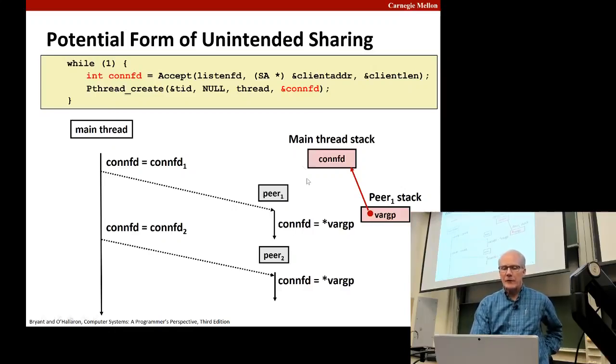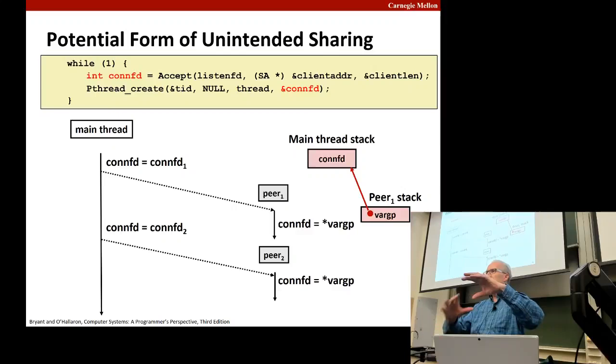So the problem is that this memory location within the main stack is a shared resource, and I've created a race condition: I assign a value to it, have it read by a newly created thread, then possibly assign another value to it, have that read by a second thread. And it's purely a question of which one wins.